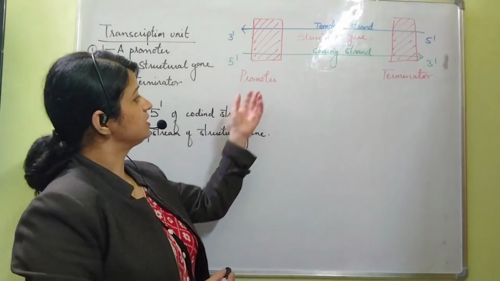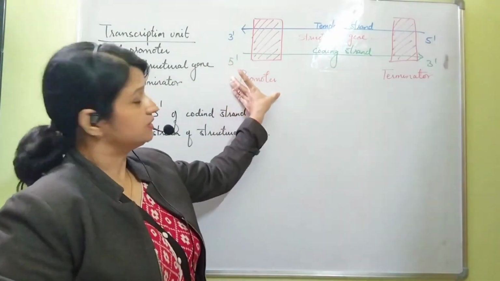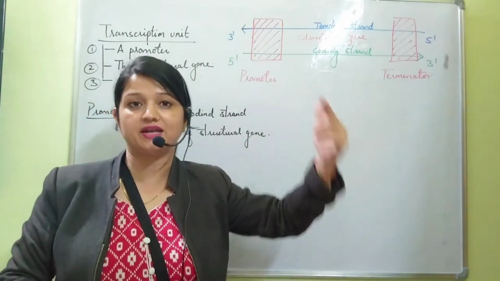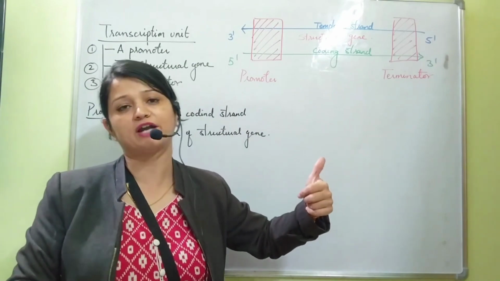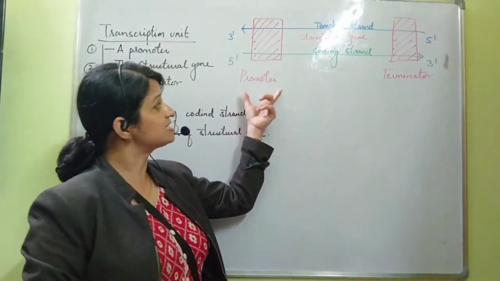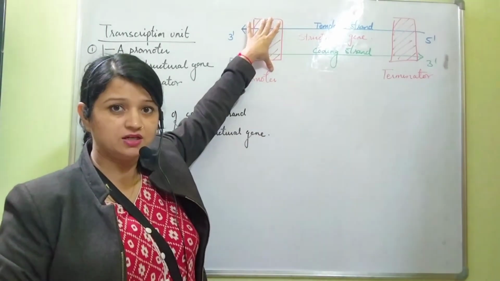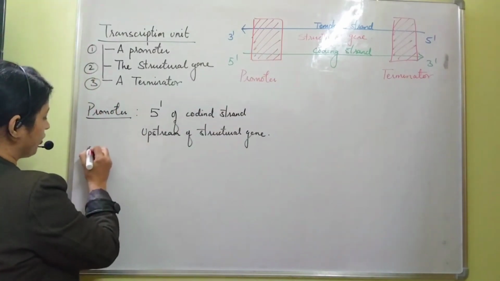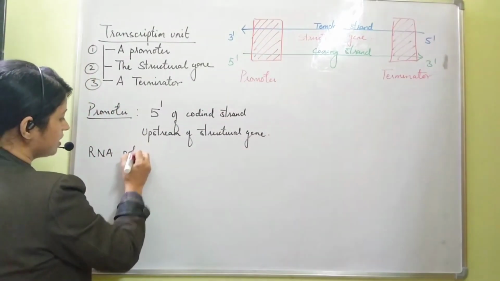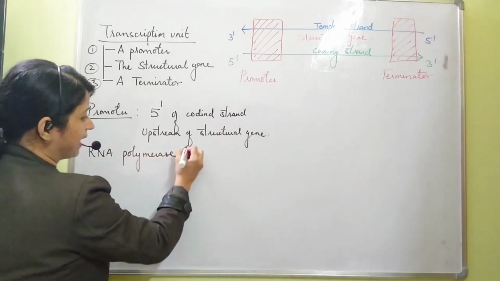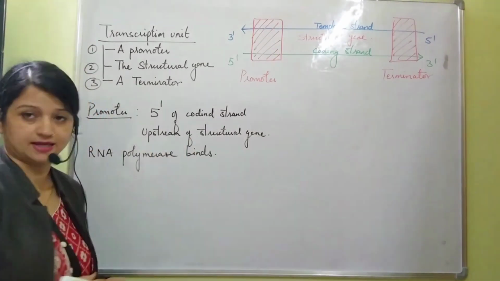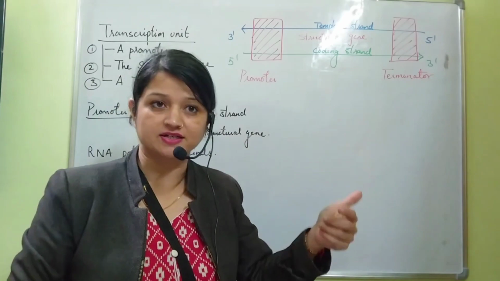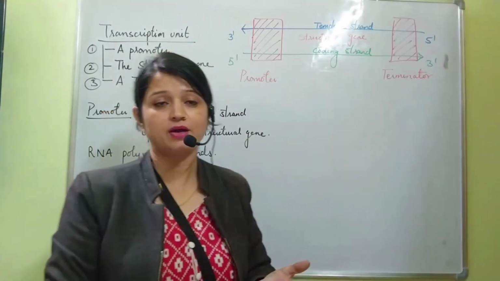Now the second important thing, what happens at the promoter? The RNA polymerase will bind to the promoter. RNA polymerase is the main enzyme, the main hero which is required for the process of transcription. So this RNA polymerase will bind to the promoter and it will start the process of transcription. But to recognize the promoter, it needs the sigma factor, which is not always present with the RNA polymerase.